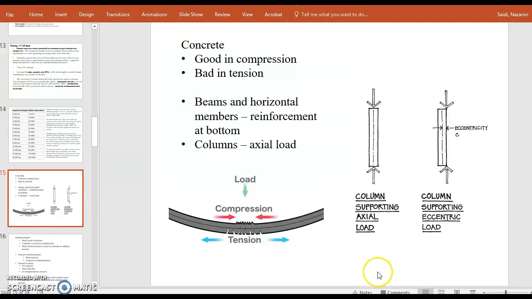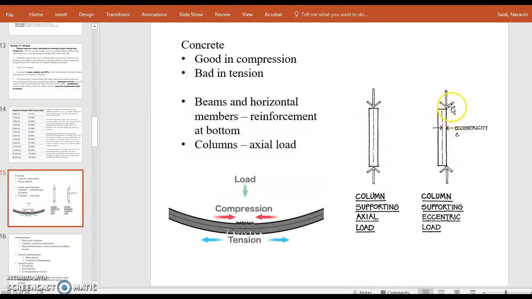In a vertical composition, vertical structural member, because concrete is great in terms of vertical compression forces, compression strength, it is best to apply the load to the center of the column, providing vertical support at its center. We call it column supporting axial load.